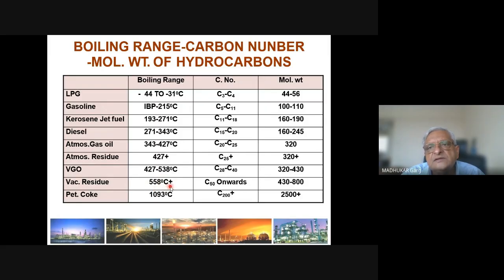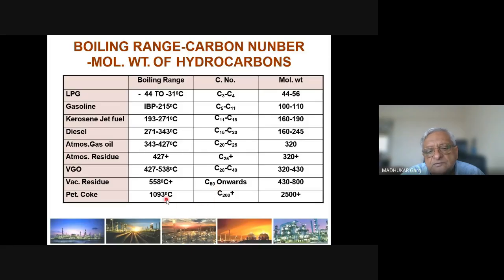And this is really, really very viscous material. If you cool it, it actually solidifies at room temperature. And this is the material which is used to make road bitumen. So the roads on which you drive, the black material that you see, is actually bitumen, which is made out of this vacuum residue.